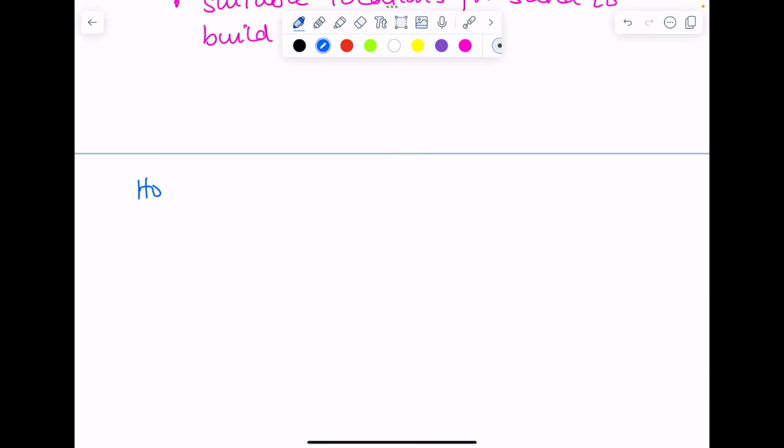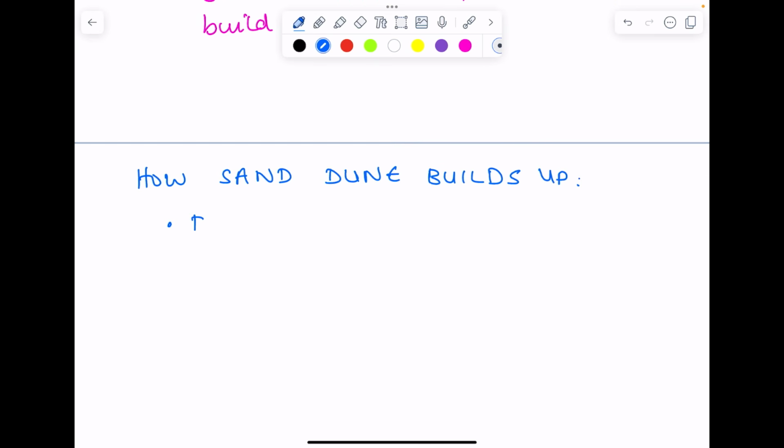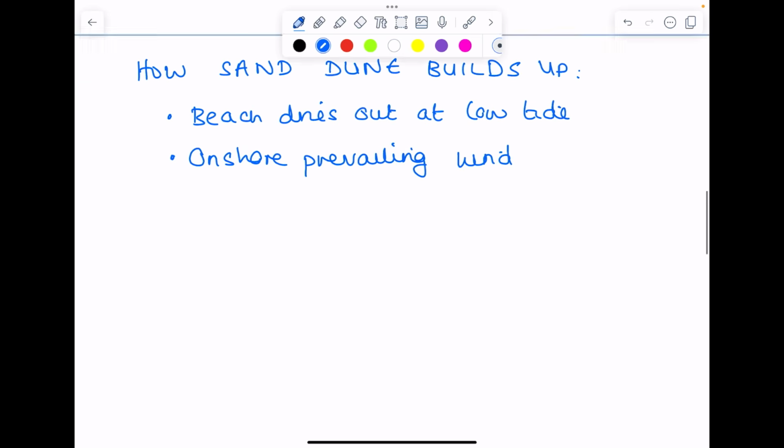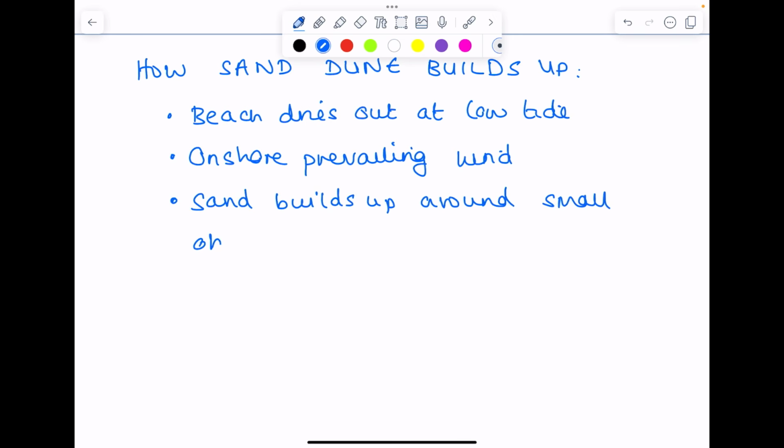So how does the sand dune build up? First up, you need the beach to dry out at low tide. There's that all-important onshore prevailing wind again. And that causes the sand to build up, commonly around obstacles.